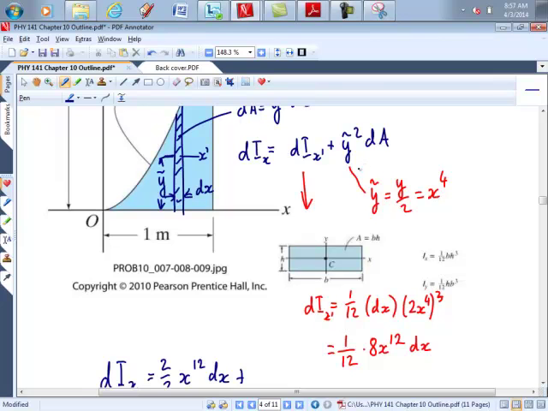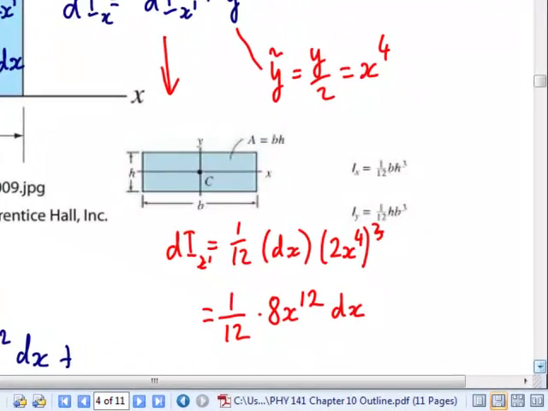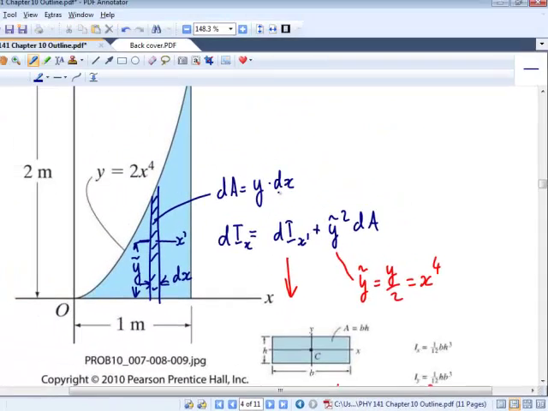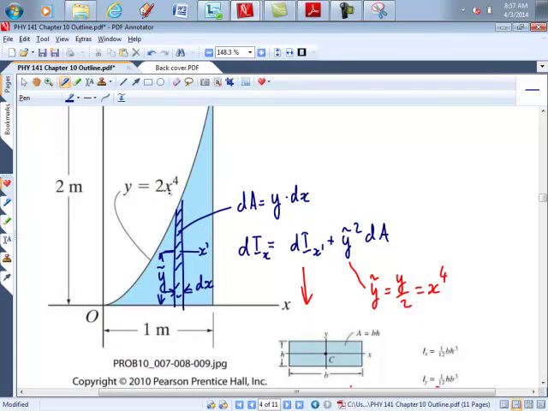So x to the 4th squared is going to be x to the 8, and then times dA, which is y dx, which is going to be 2x to the 4th dx.